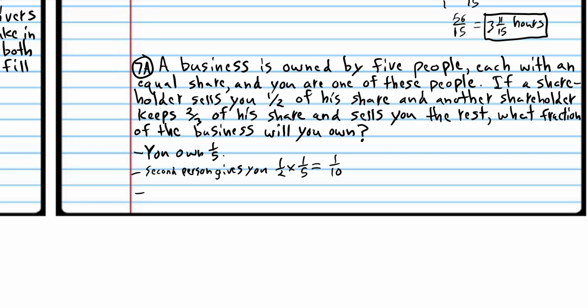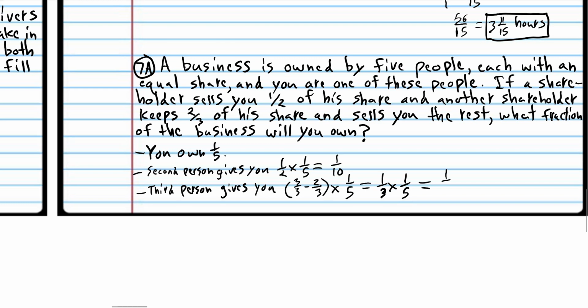So the third person gives you, so you have to take 3/3 and subtract 2/3, which gives you 1/3. He's giving you 1/3 of 1/5. So using PEMDAS, 3/3 minus 2/3 is 1/3. I'm just showing every step here. So 1/3 of 1/5 is multiplying. 1/3 times 1/5 would be 1/15.